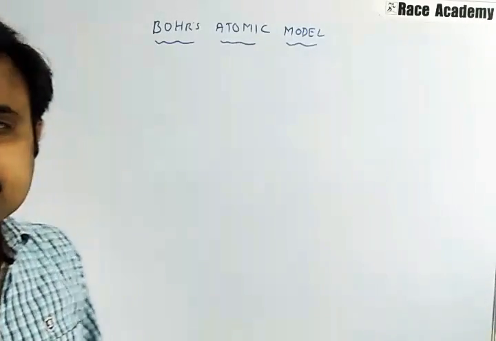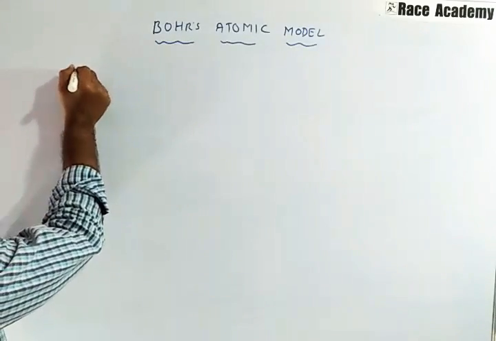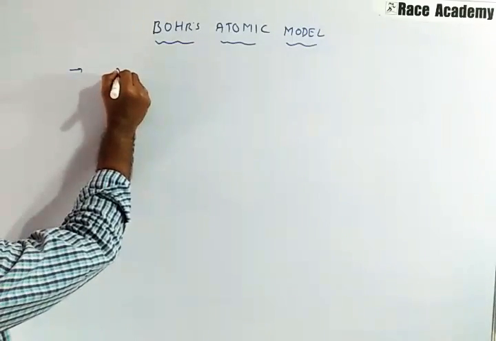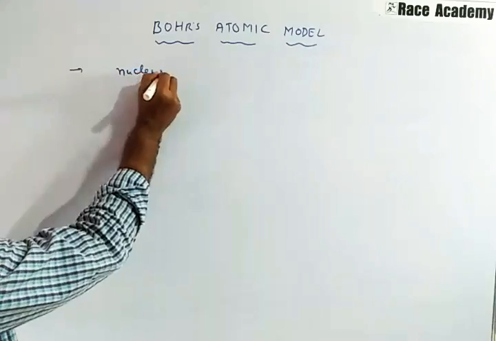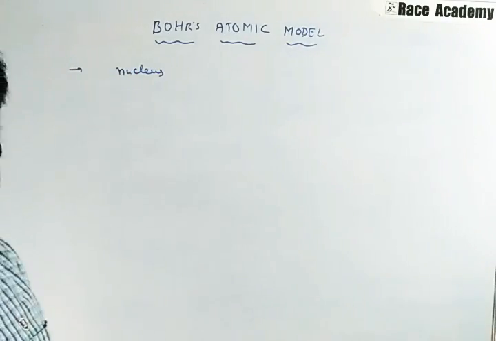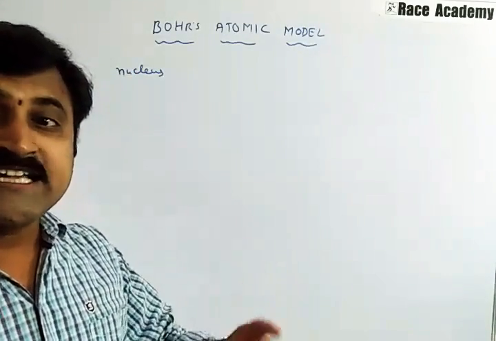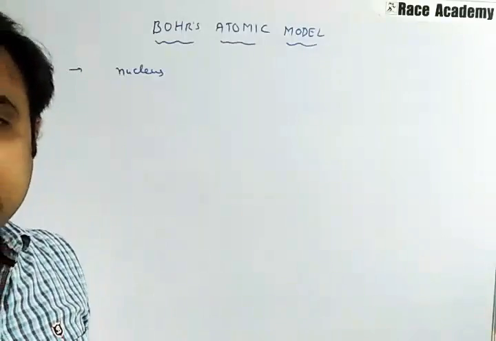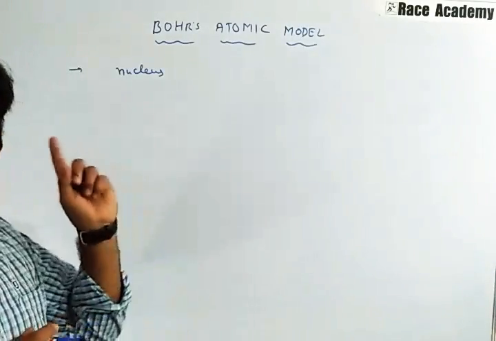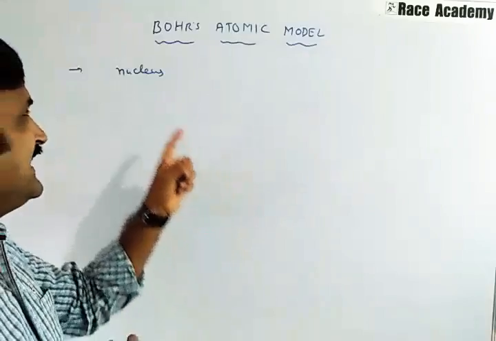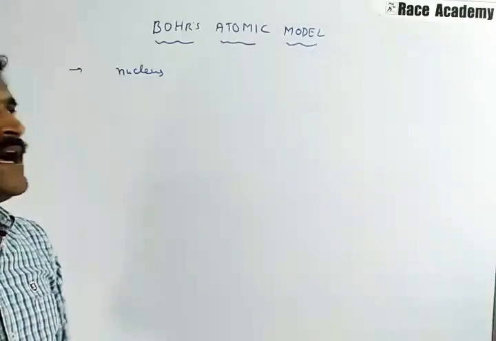We can discuss the nucleus in the first postulate. The atom has a nucleus where all the protons and neutrons are present, and the size of the nucleus is very small. It is present at the center of the atom.